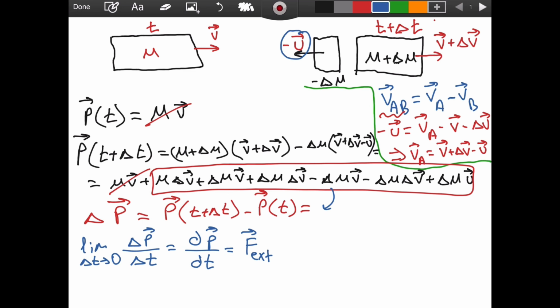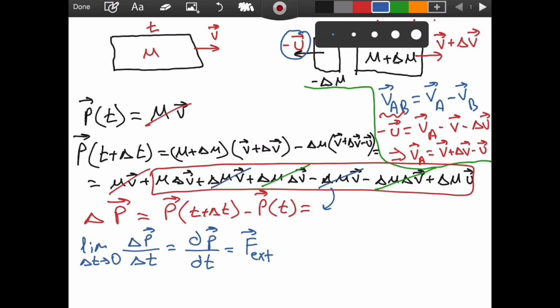So this is one side of the equation, but what is the other side? The other side is going to come from this box right here. We're going to express it. And also, notice these cancel, delta m delta v, because they are opposite, and also this and this cancel.